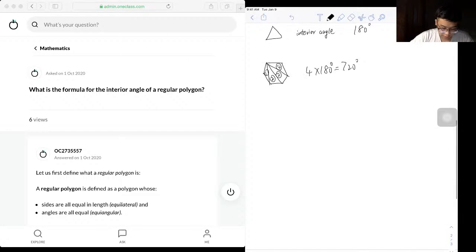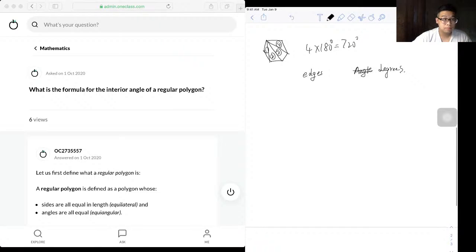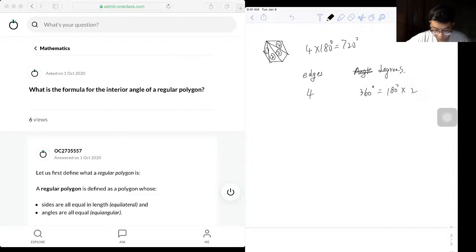So let's summarize this. For this column, I'll name it edges and angle, or degrees. If we have 4 edges, that's going to be 360 degrees, which is also equal to 180 times 2, and in this case it's just a square.